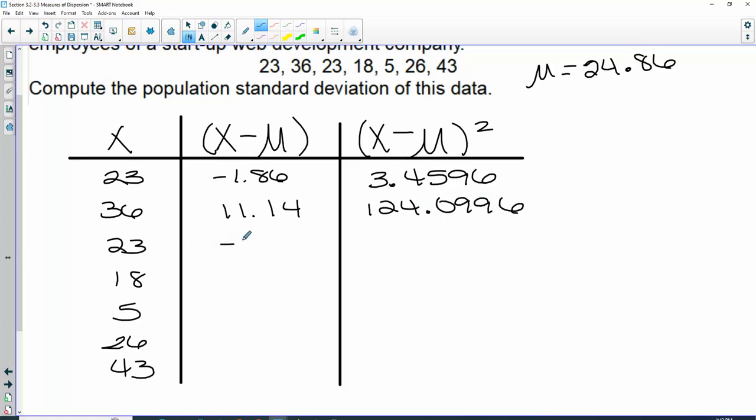Okay, 23 again. I'm just going to copy down the values from the last time we had a 23. 18 minus 24.86. And square.